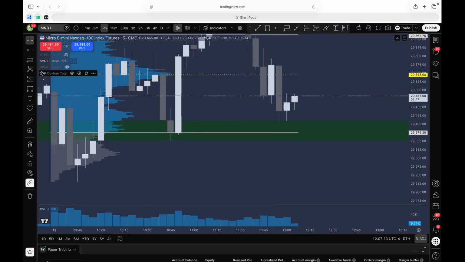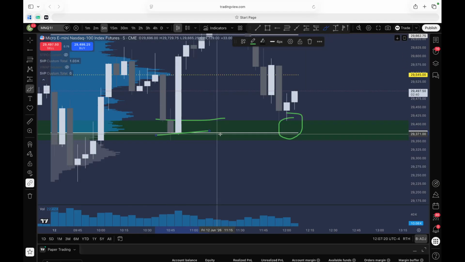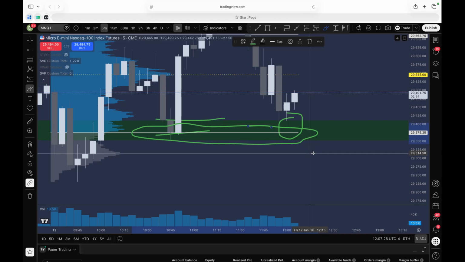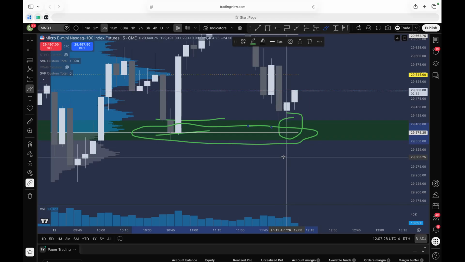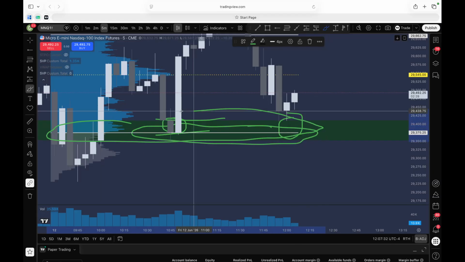So now you have a beautiful confluence on taking this trade because you have your actual strategy if you trade supply and demand, plus you have a great extra area of support. So not only does it have to break your supply, it has to break the value area low.